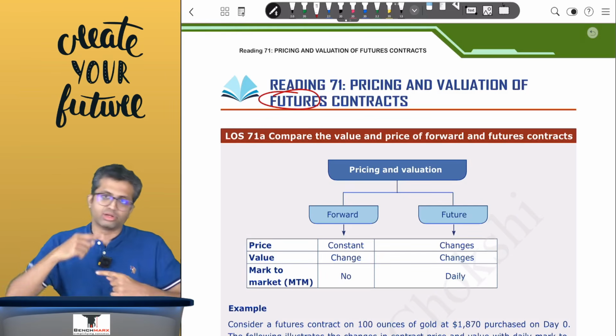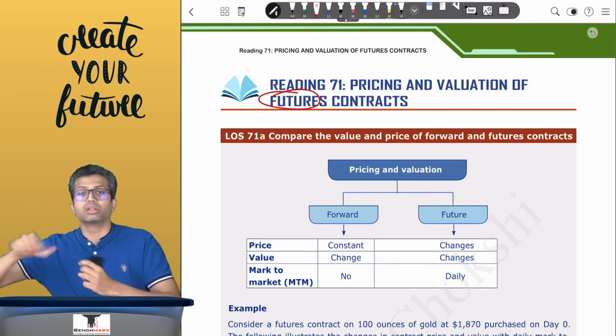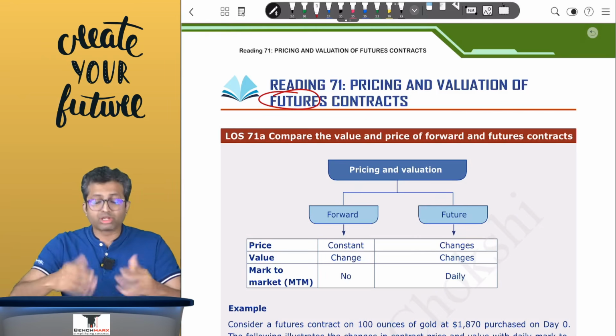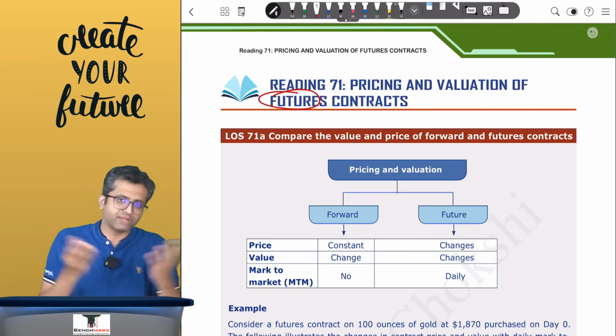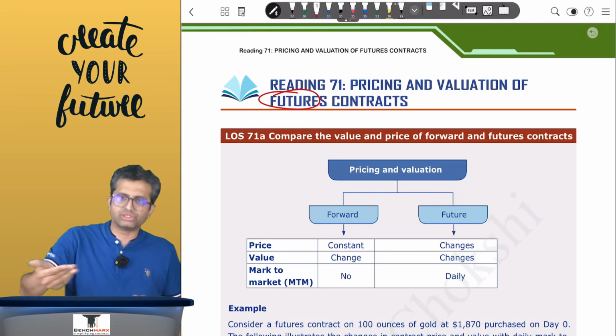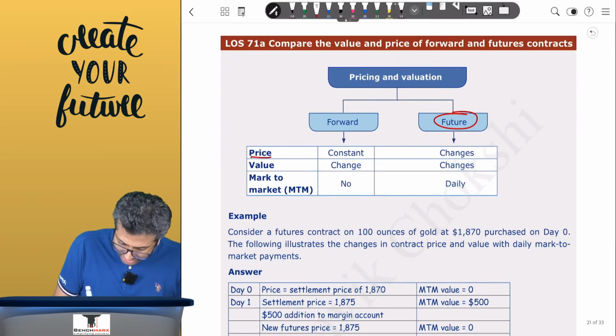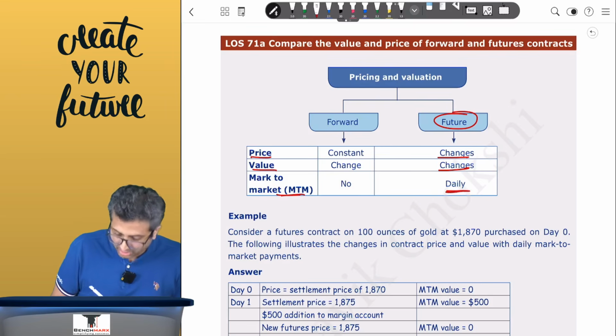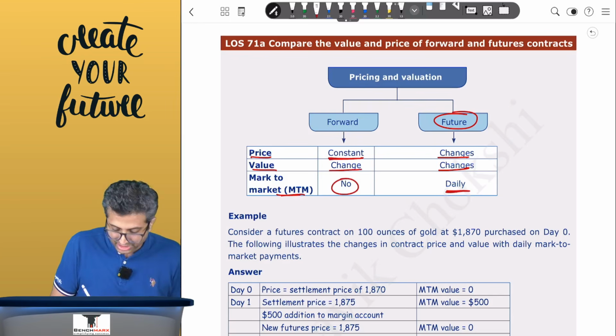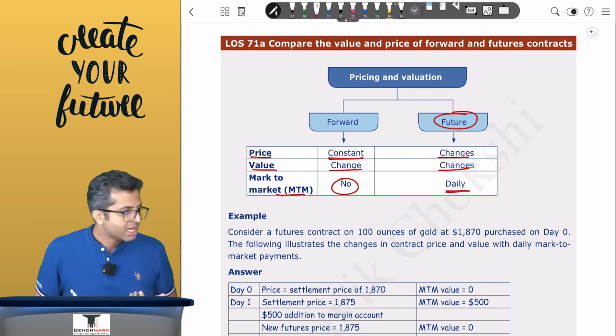Then it goes from 81 to 81.5, another 0.5 is given to you, the contract is settled, a new contract is entered at 81.5, and that has a 0 value initially. So basically for a futures contract, the price as well as the value keeps on changing. There will be a mark to market settlement daily in case of futures, which will not be there in case of a forward. Forward price remains the same, and value keeps on changing as the rate changes.